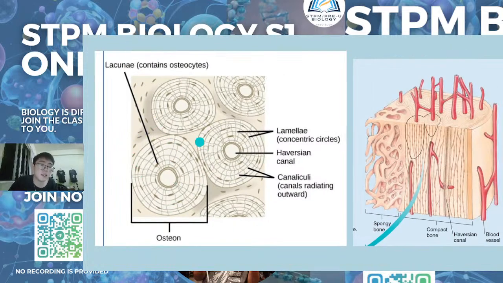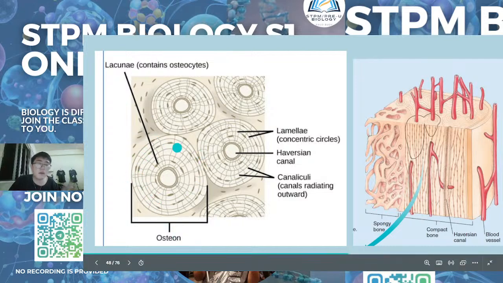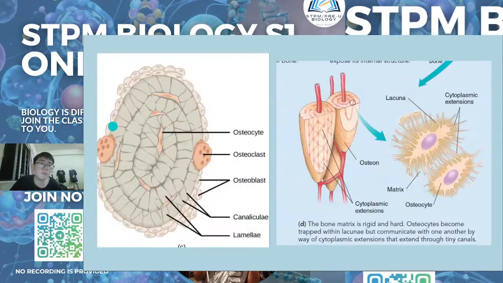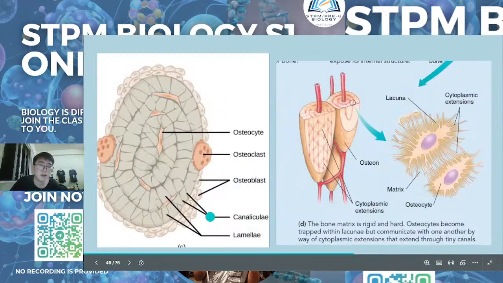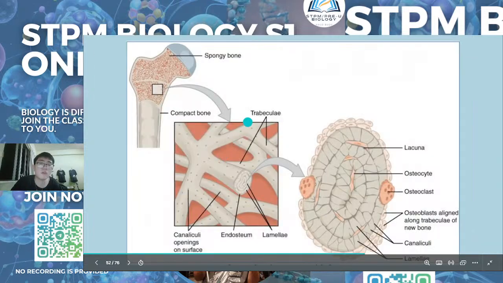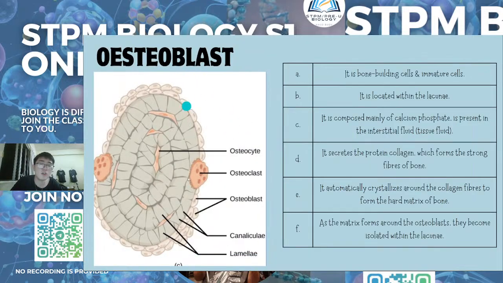All of these rings are the osteon. When we enlarge the osteon, we will see it like this. So our osteoblast is located within the lacuna, and it is composed mainly of calcium phosphate present in the interstitial fluid.